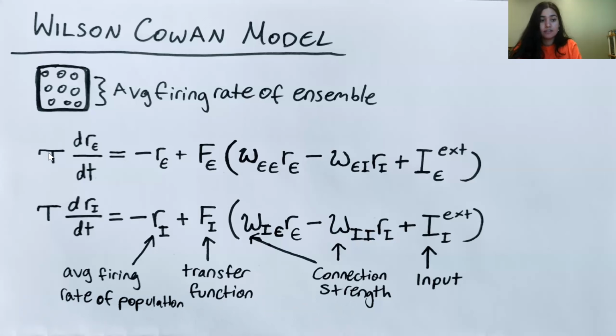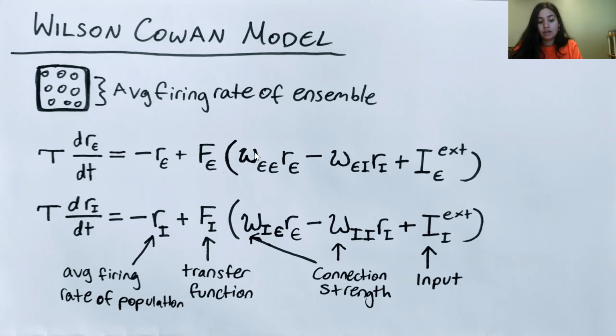And then tau, I forgot to put the subscripts here, but tau sub E and tau sub I control the time scales that we're tracking changes in average firing rate over for the excitatory and inhibitory populations, respectively. There are also connection strengths represented with omega.